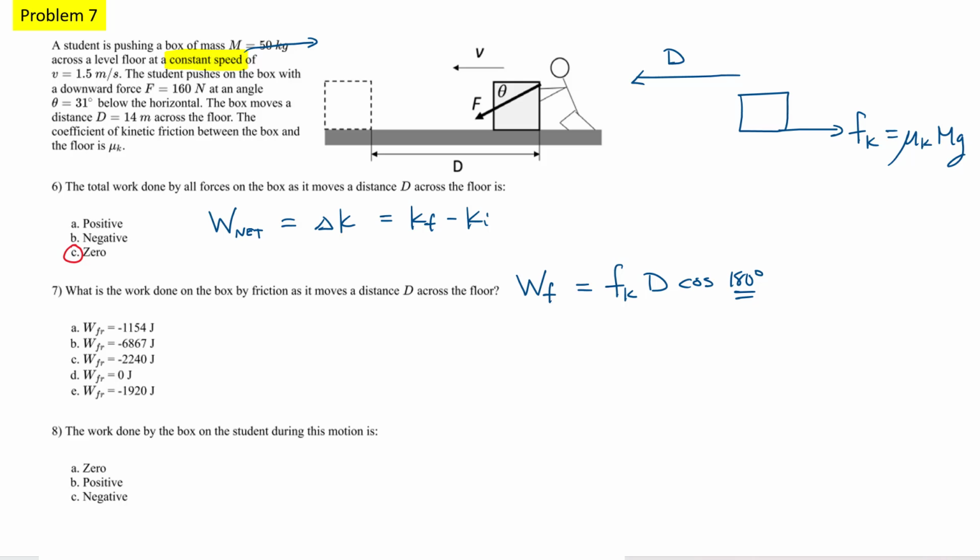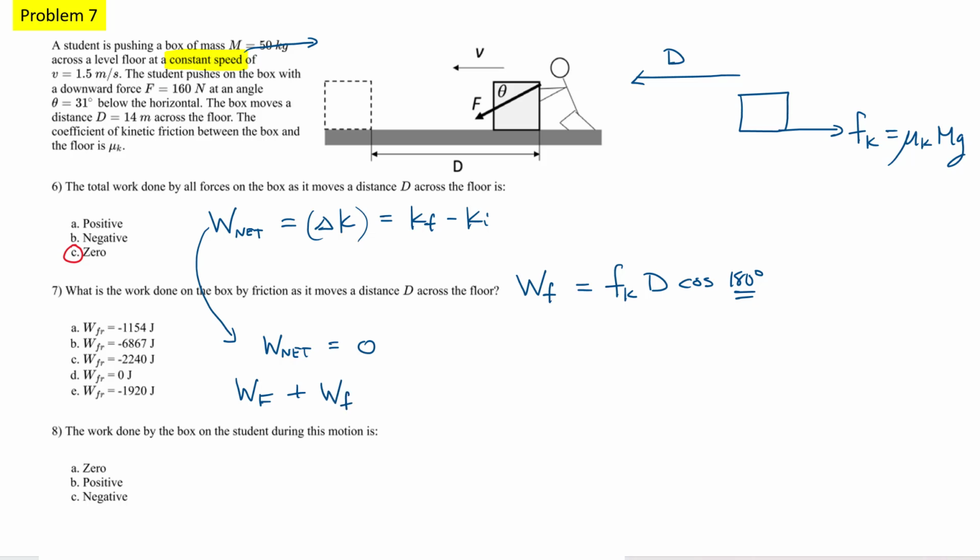So another way we could go about this is to use the work energy theorem. Again, we're just going to use this side over here. We know it moves at constant speed, therefore this whole term is 0, so the net work is equal to 0. Well, what is doing work in this problem? There is this applied force that is doing work, I'll just call it work done by F. There's also the force of friction acting on the object.